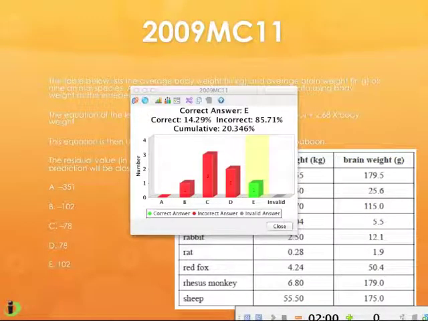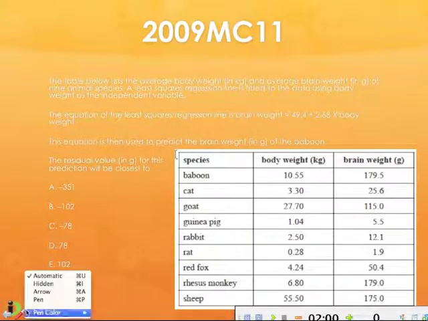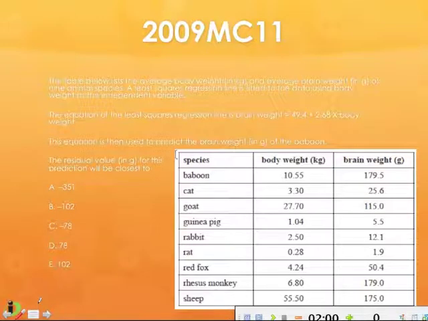How many of you put that data into your calculator? This was one time when you didn't need to. I know I just said you should, but this relies on you knowing what a residual is. They've given you everything you need to know to work out this answer in about 30 seconds.